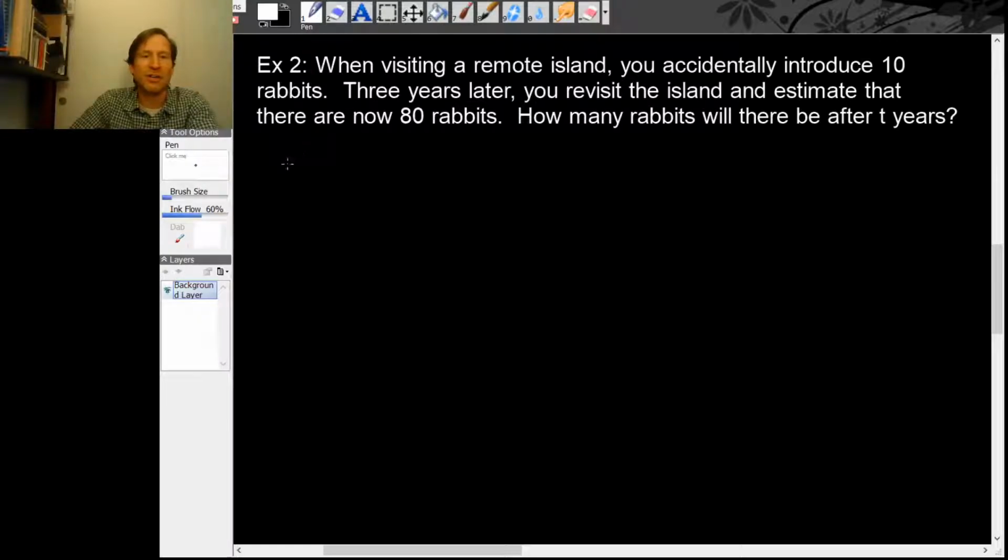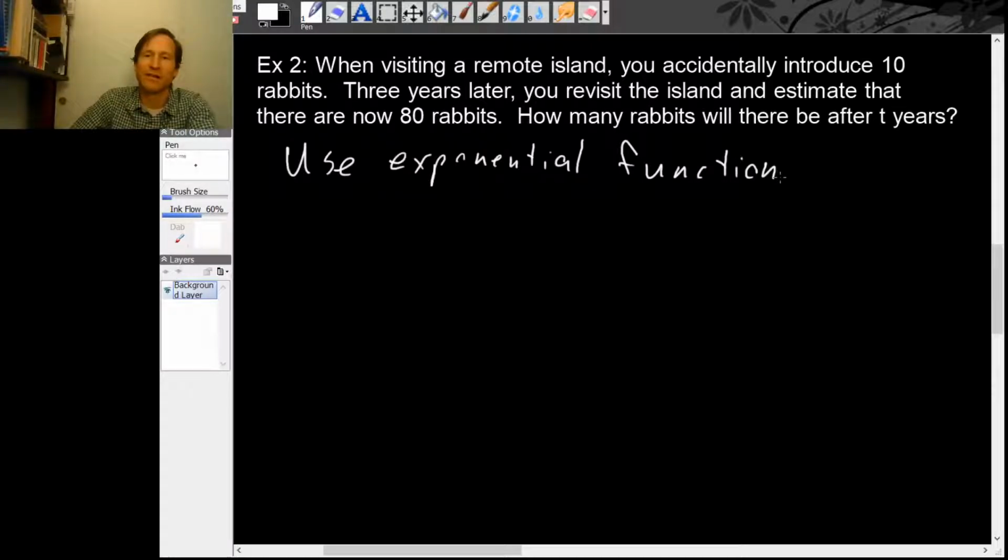So we're going to use an exponential function to describe the growth of the rabbit population on this island. Let's call it, how about p of t?